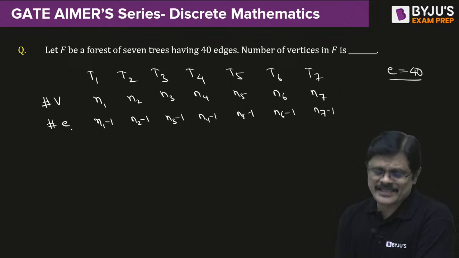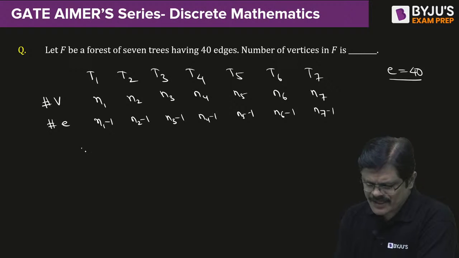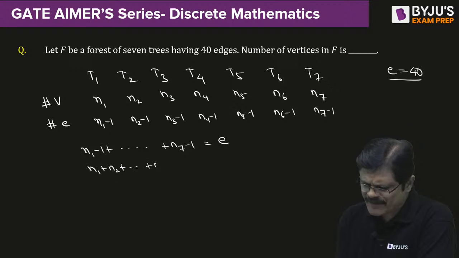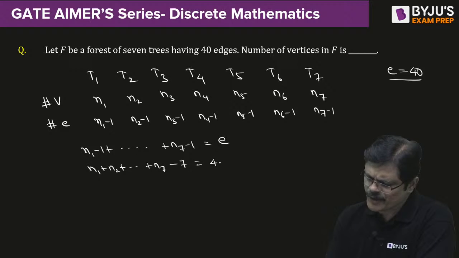Sum of edges. So the number of edges will be equal to what? If you add n1 minus 1 and so on up to n7 minus 1, you get the total number of edges. If you add up n1 plus n2 plus and so on up to n7, minus 1 seven times, minus 7, is equal to the number of edges, that is 40.